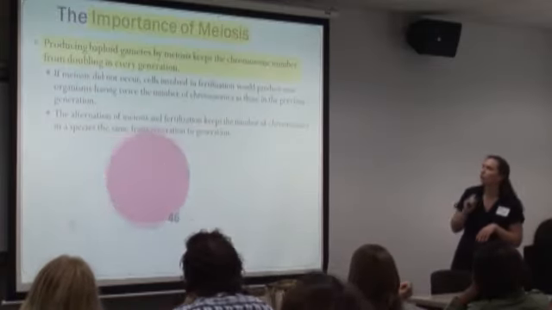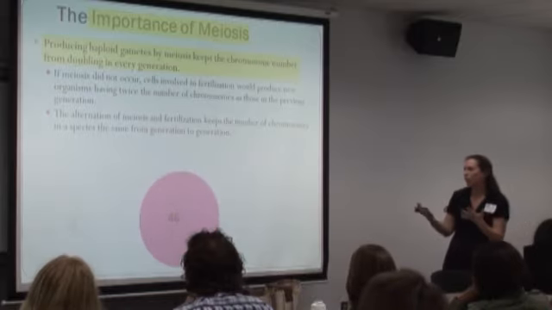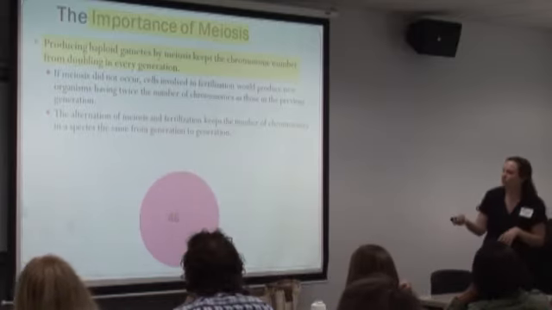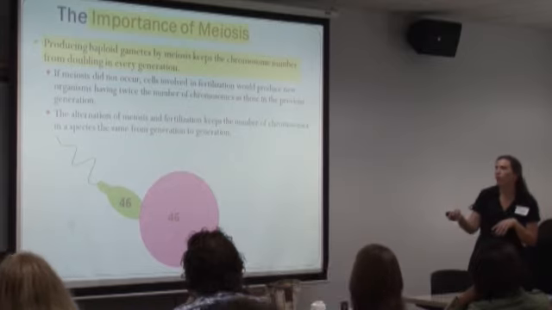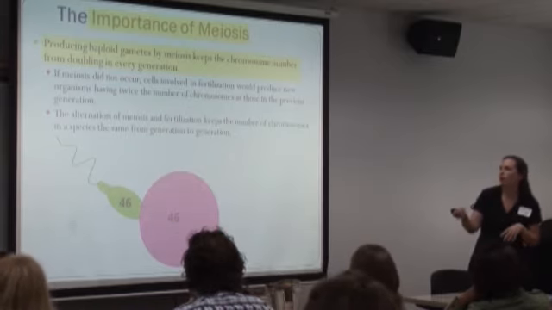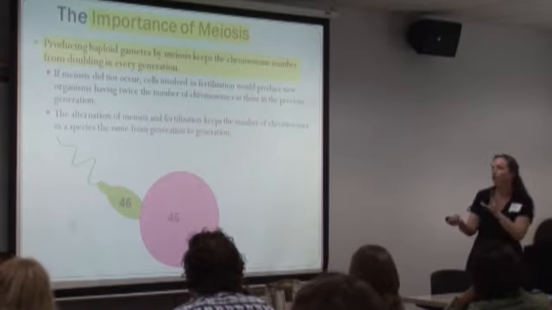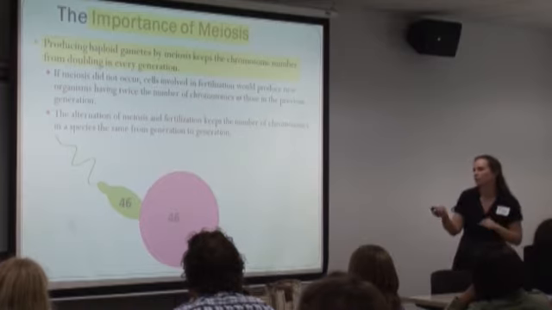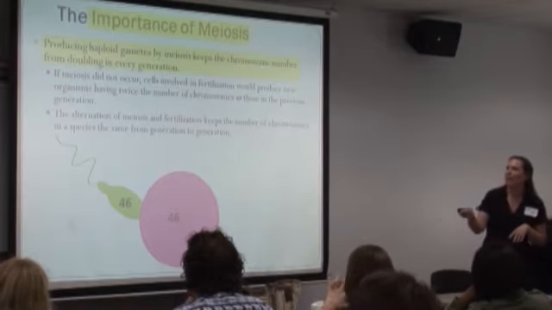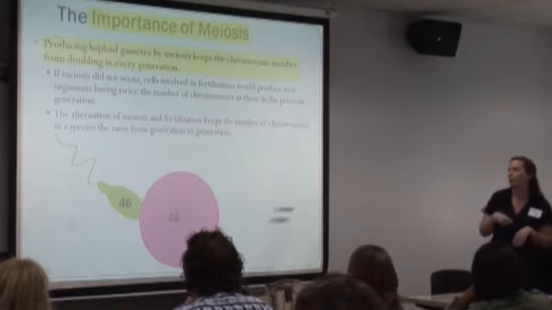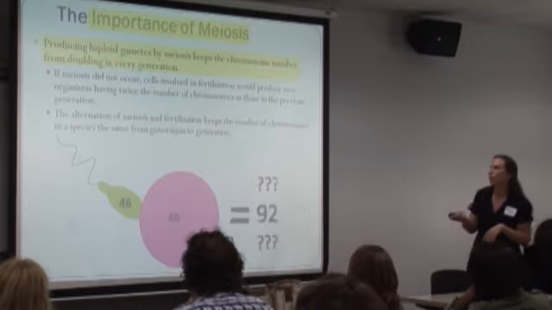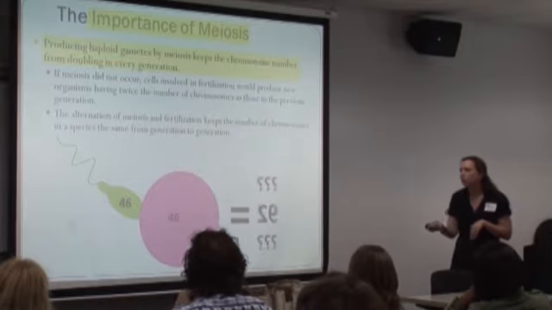And part of the reason for the importance of meiosis and why it's so essential is that within our genome, we have 46 chromosomes. If we had 46 chromosomes in our egg, and if we had 46 chromosomes within our sperm, we would end up with an individual that had 92 chromosomes.